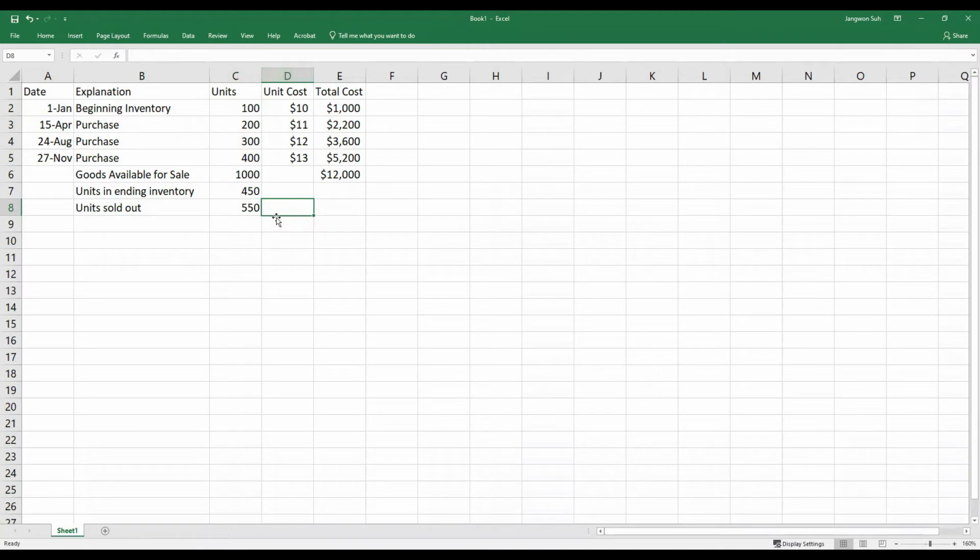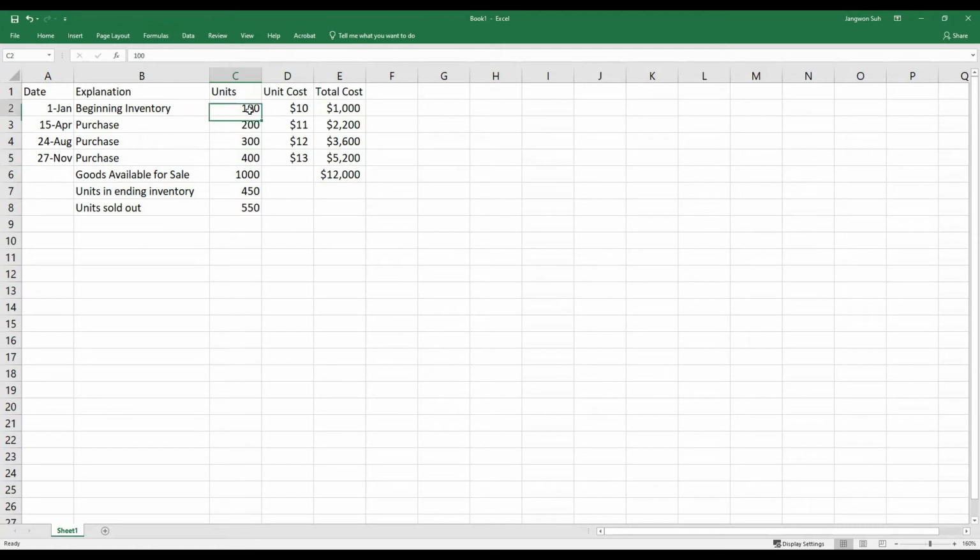If we know the unit cost of it, then by multiplying the unit cost by 550, we will get the cost of goods sold, right? But do we have the unit cost for these 550? Can you say that these 550s are from this layer? No, we don't have enough. Only 400 we have.